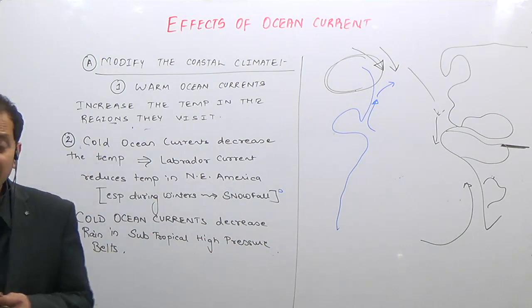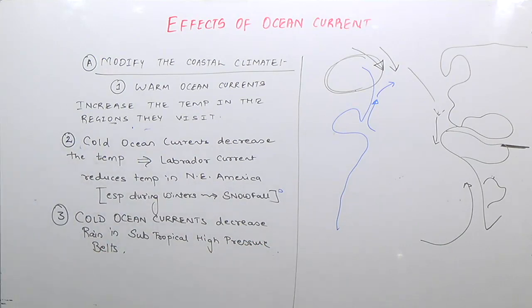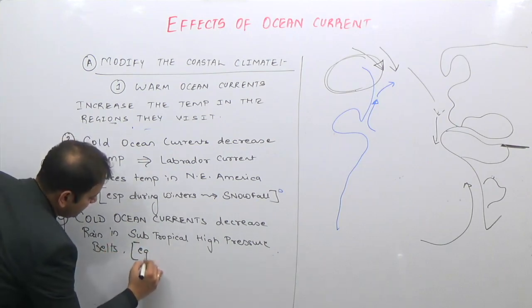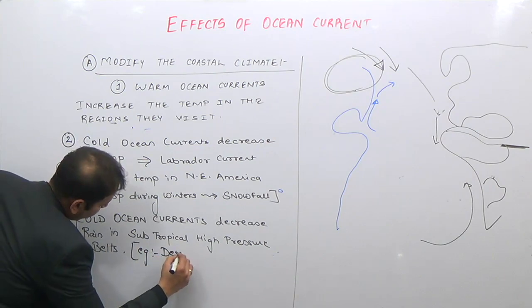They will promote aridity, or no rainfall, in the subtropical high pressure belt. An example is the desert regions of the world.